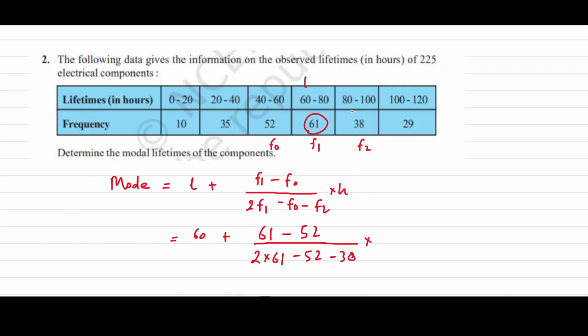H will be 80 minus 60. What will it be? 20 in each class. This is the size. Now solve this.